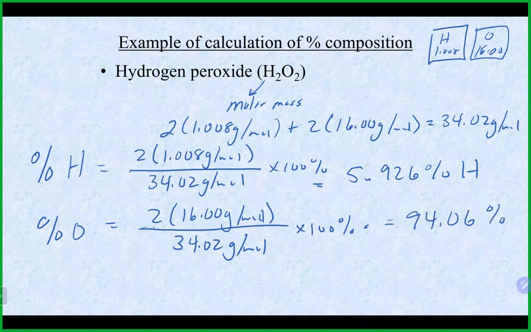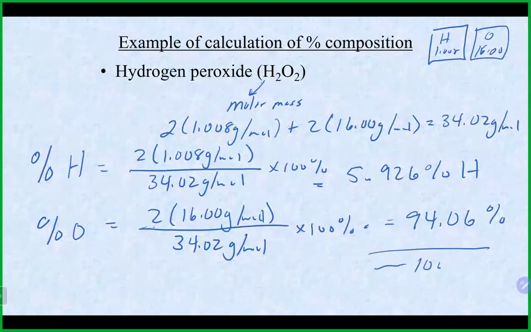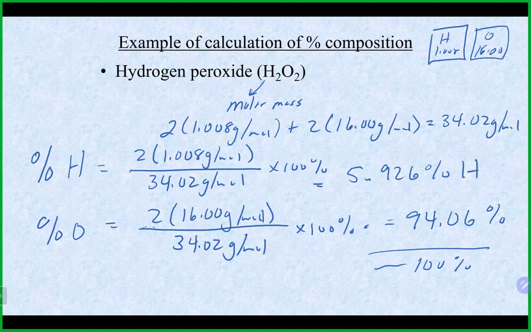And if we add that up, that's approximately 100% of the entire compound. So this is mainly made up by mass of oxygen. So oxygen is the most mass of this particular compound, and about 6% hydrogen.